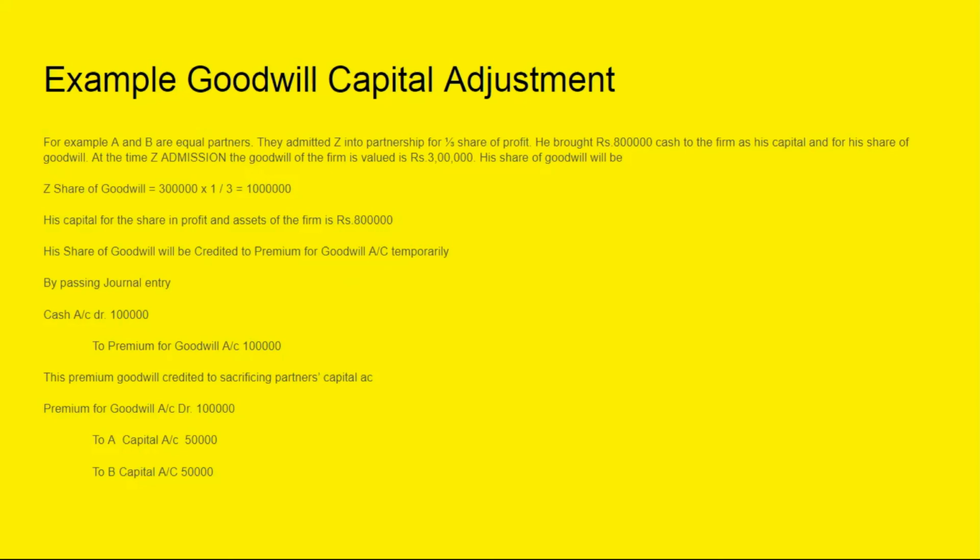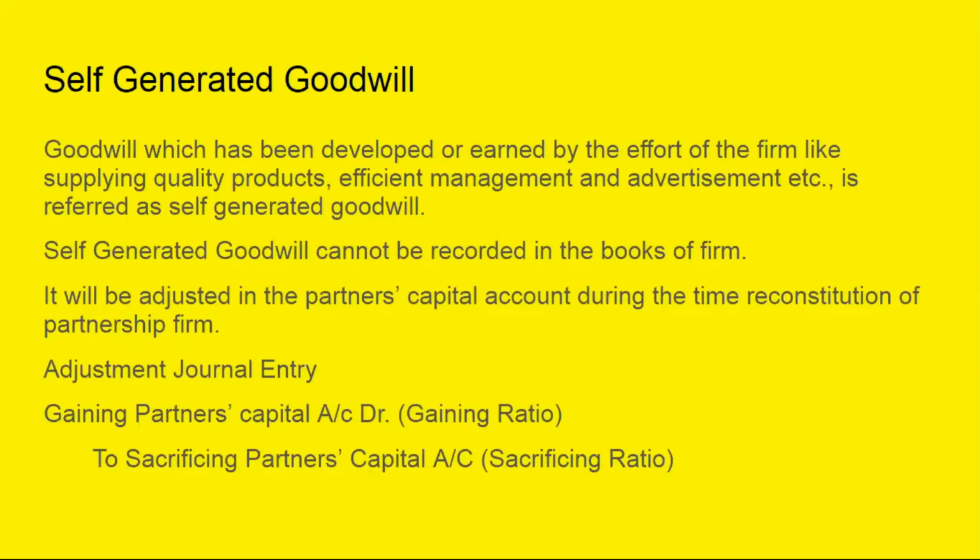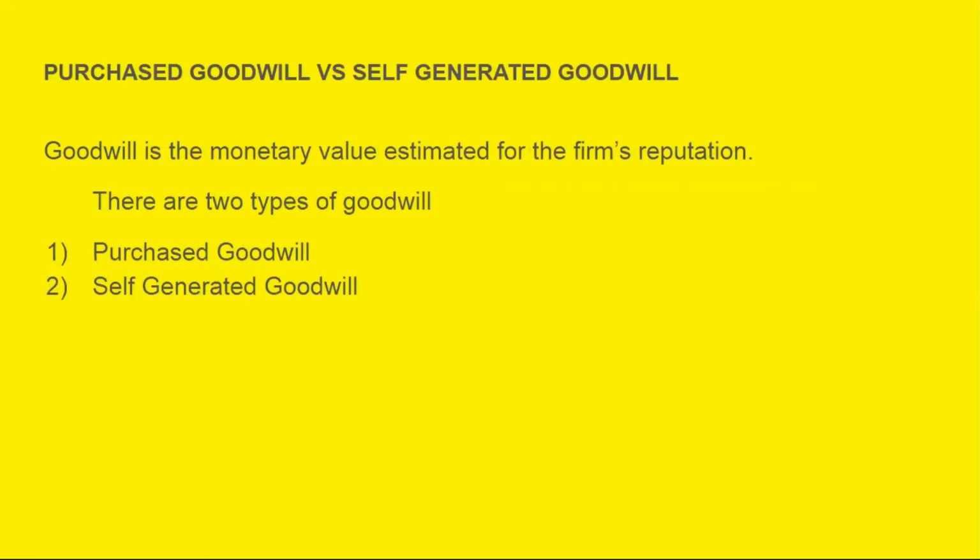So this is the concept of capital adjustment in terms of self-generated goodwill. If it is purchased goodwill, you can always record it and show it in the books of account. That is, goodwill will be debited and cash will be credited, so goodwill can be shown on the asset side of the company.